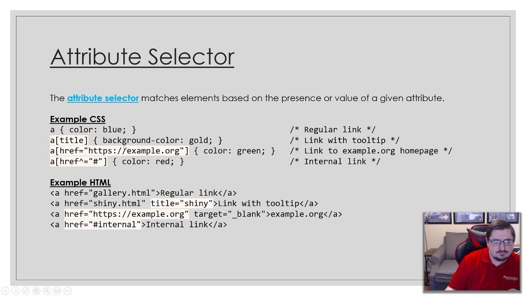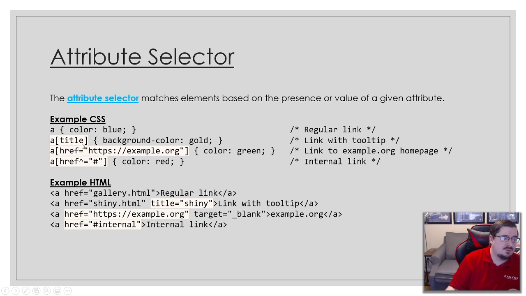Next up, I have one form of an attribute selector. This one says, if it has a title property, then let's change the background color to gold. So we look down here, and the second link has a title property, so that one will have a gold background. None of the others will because they don't have a title property.